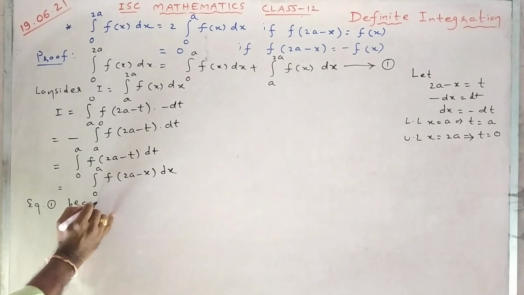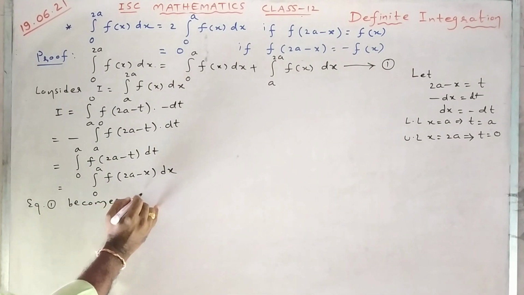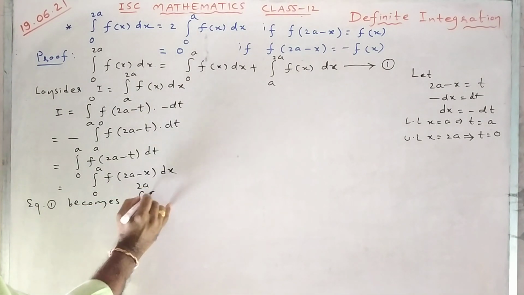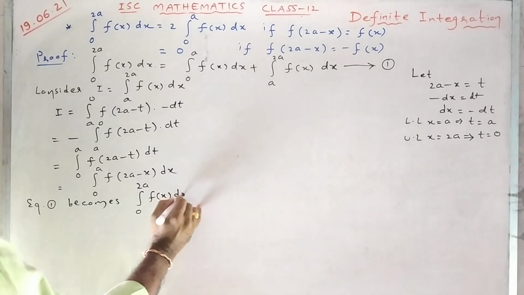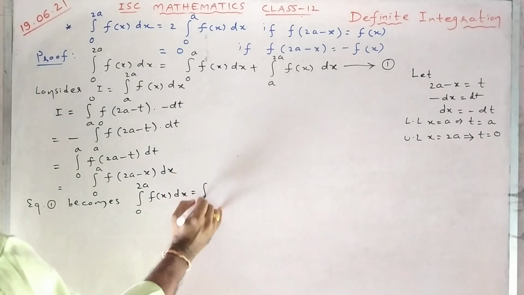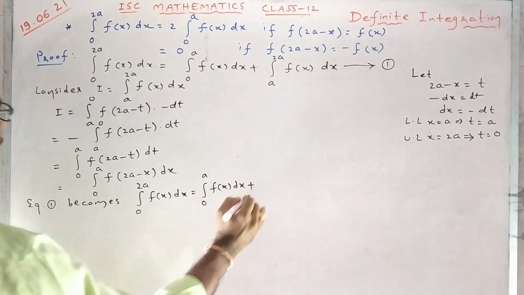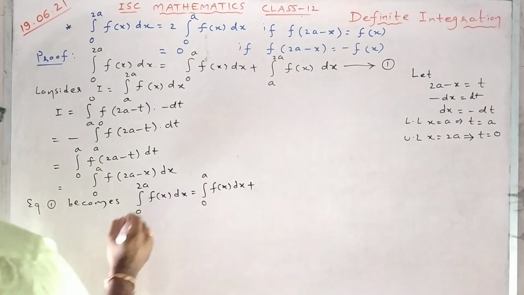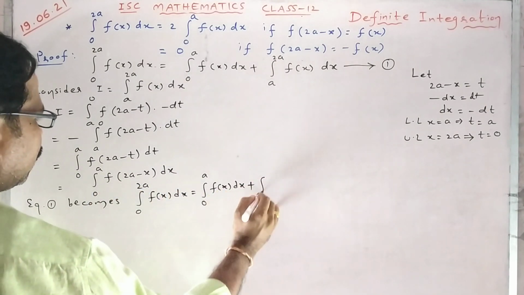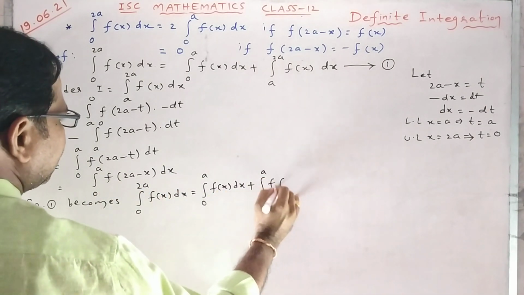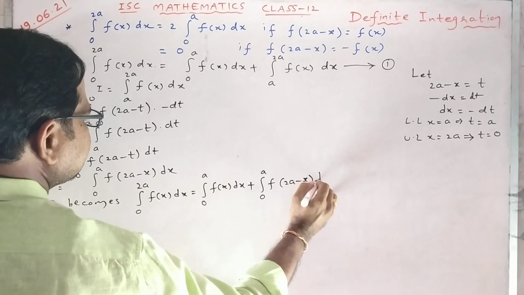Equation 1 becomes integral 0 to 2a f of x dx equal to, this as it is, integral 0 to a f of x dx plus, in the place of this, I can write integral 0 to a f of 2a minus x dx.